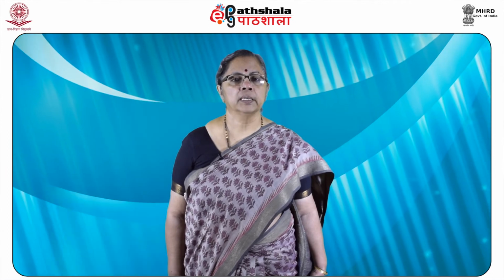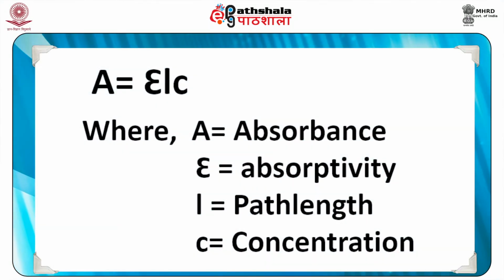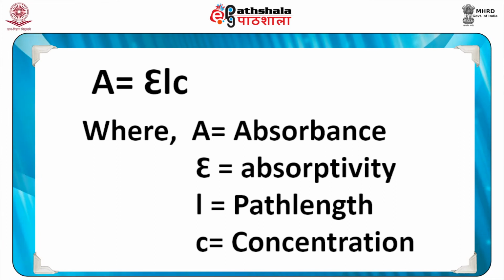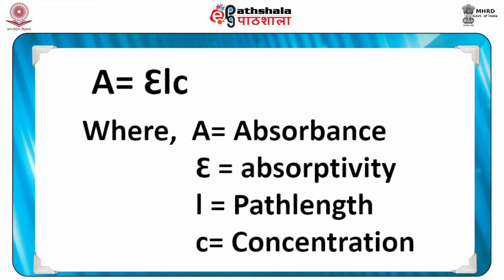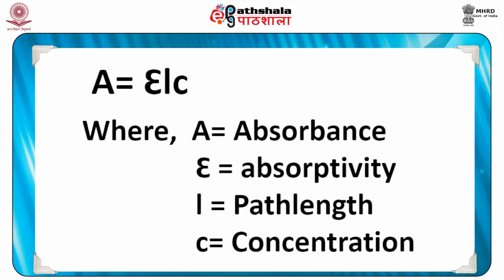The absorbance or extinction of a chromogen is measured in a spectrophotometer based on Lambert-Beer's law, which states that the extinction or absorbance of a chromogen of a monochromatic light is directly proportional to the molar concentration of the chromogen and the path length in centimeters of the light through the chromogen solution.